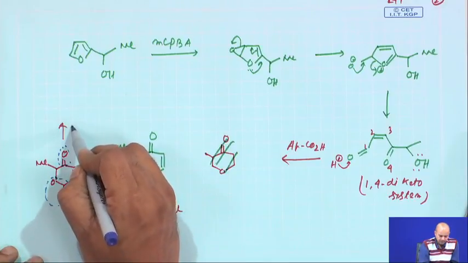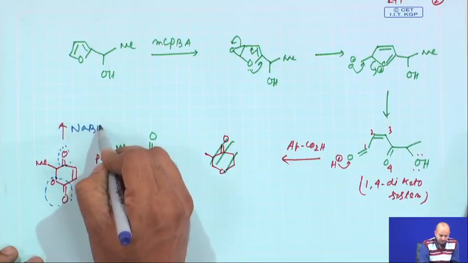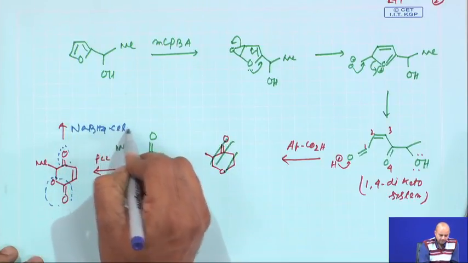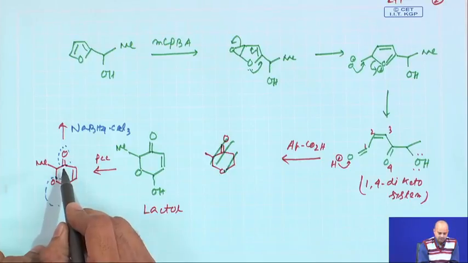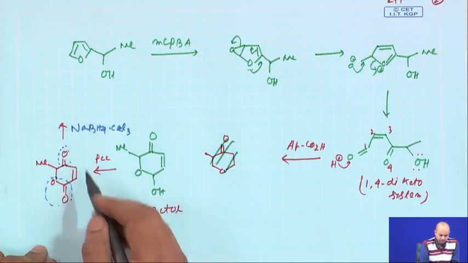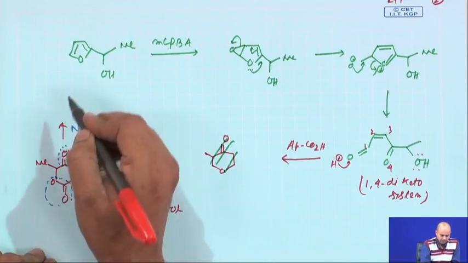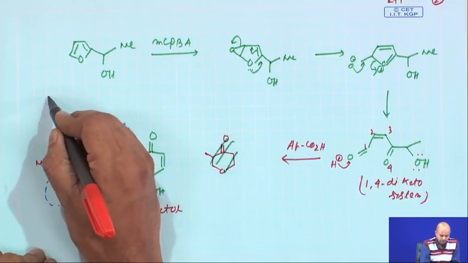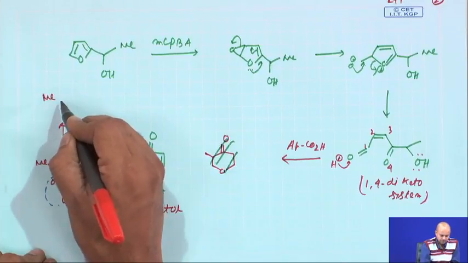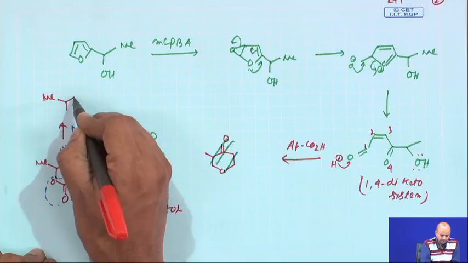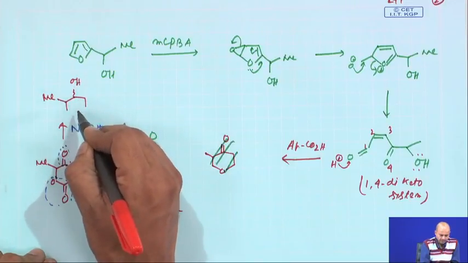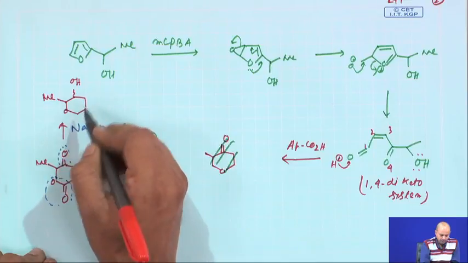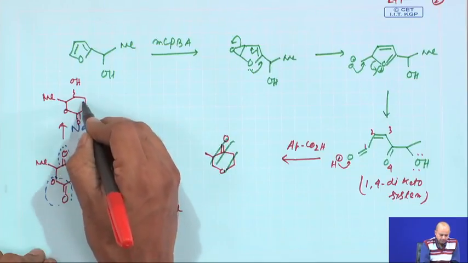Obviously, Luche conditions, sodium borohydride and cerium chloride, will give you the reduction at this particular activated ketone carbonyl, and you get the target molecule whose structure was given earlier.